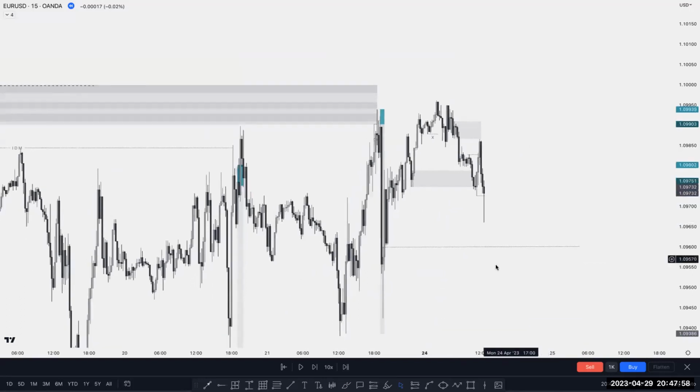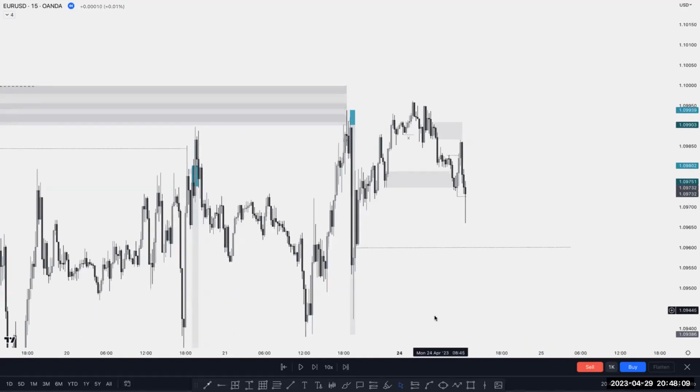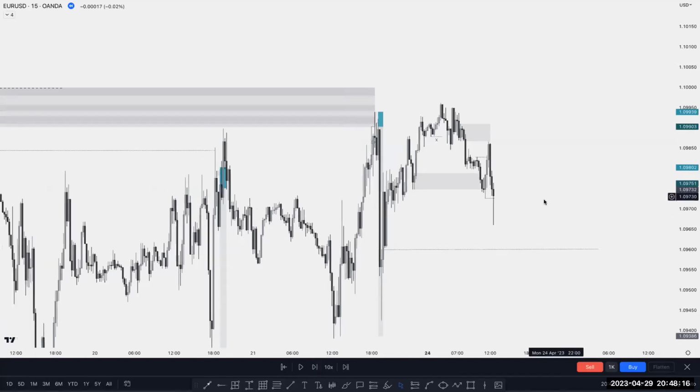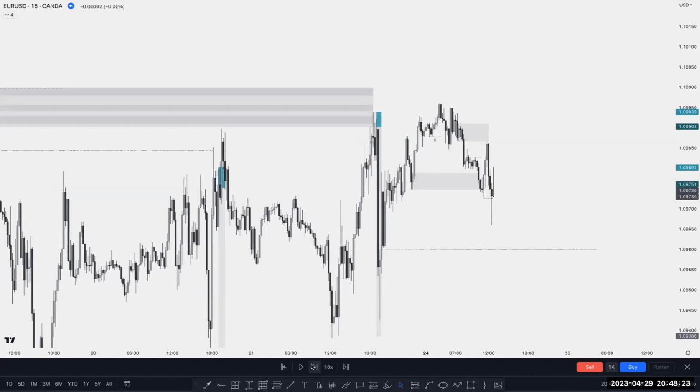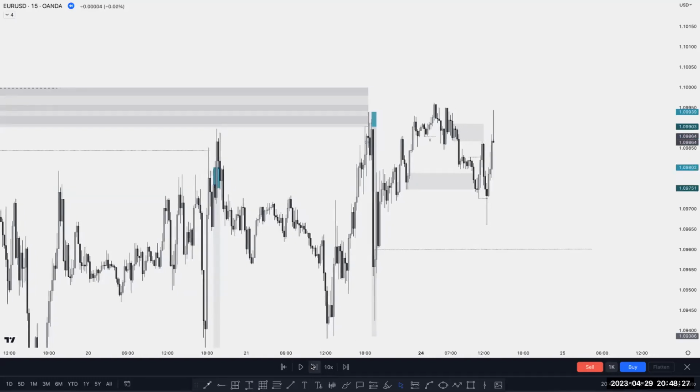Okay, so this is our extreme PY, and this one is our previous structure low that is swept here. So how can you anticipate the next move? You can simply take entry here based on the single candle order block mitigation, right? So let's see. Okay, perfect. Pushing upside. Okay, all right.